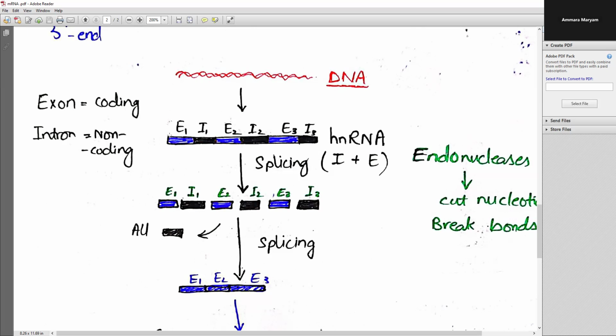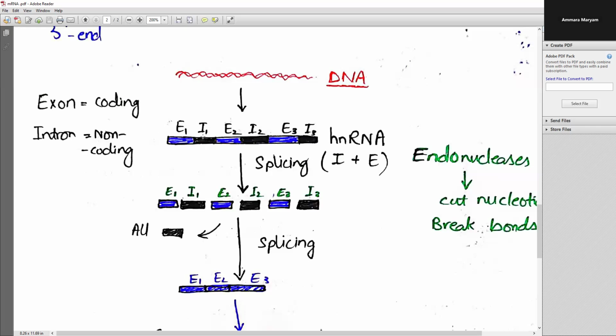Here you can see the particular DNA or gene containing that specific coding sequence that stores the genetic information. And this is the primary transcript that is synthesized from the DNA inside the nucleus.